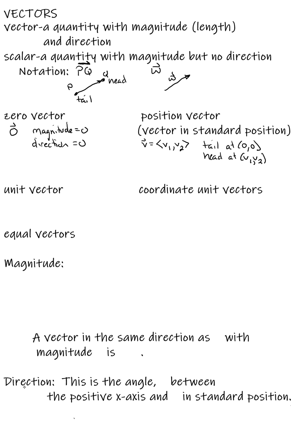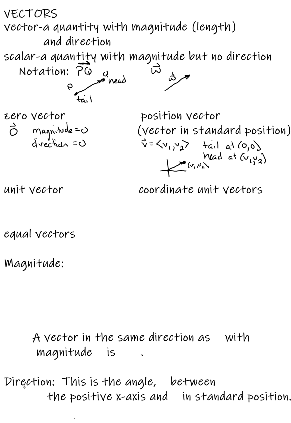Notice V1 and V2 are scalar values. I don't have the vector notation above them. And so basically this is a vector that starts at the origin and goes out to some point (V1, V2).